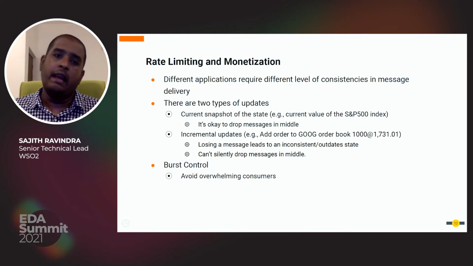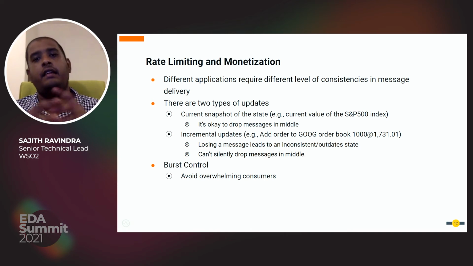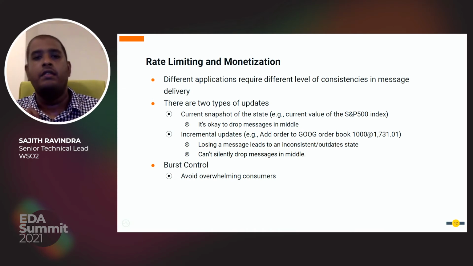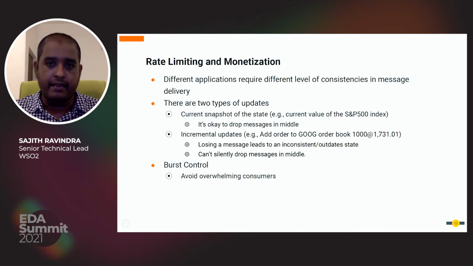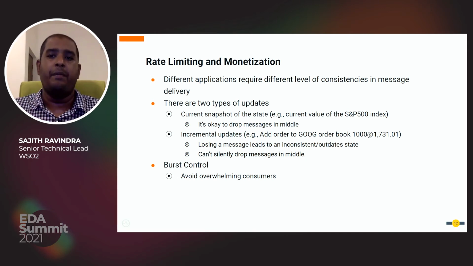But there might also be the case that this event stream is carrying incremental updates. For example, it's telling you what changes are happening to an order book in the trading system. It might say, now add order, now delete, now modify it. Likewise, it tells you the incremental changes that are happening. So what will happen if one of those changes gets dropped?